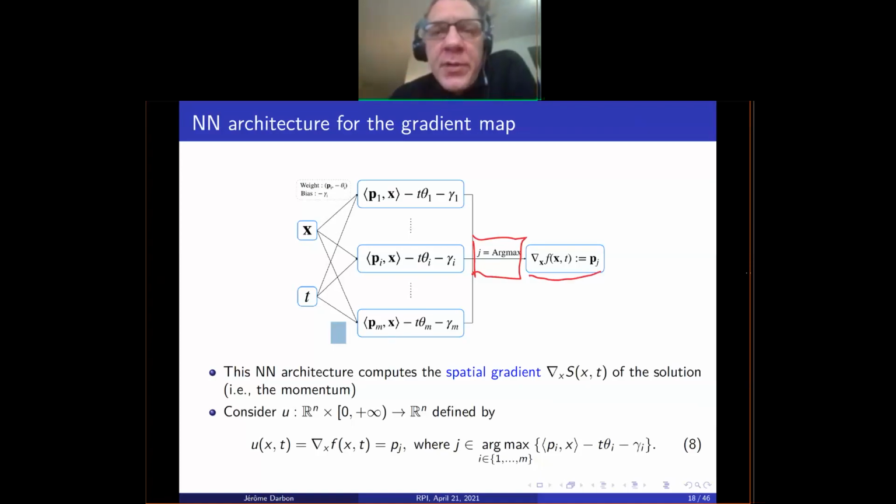I'm going to call this new architecture, where I just change the activation function max by argmax, the gradient of f with respect to space. So we can show that this neural network architecture computes the spatial gradient of the solution of the Hamilton-Jacobi PDE. In physics, it means you have access to the momentum, and that neural network defines a function u that is given by equation 8.